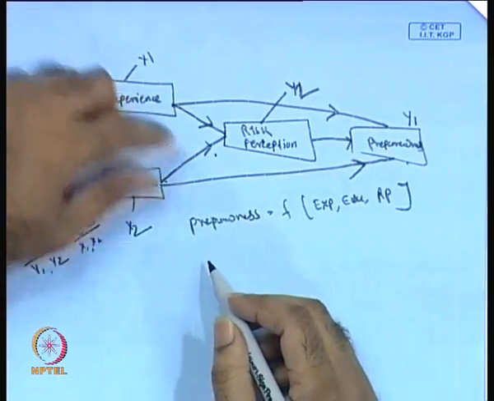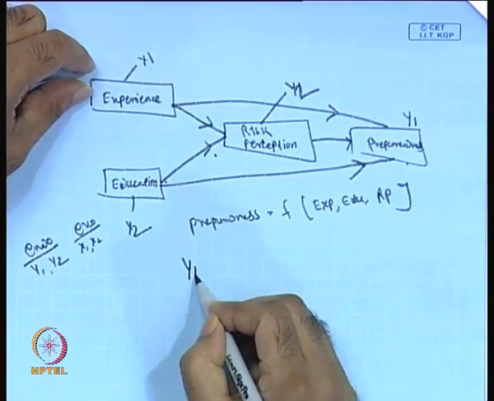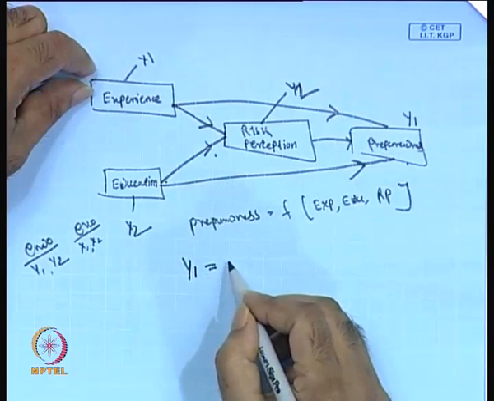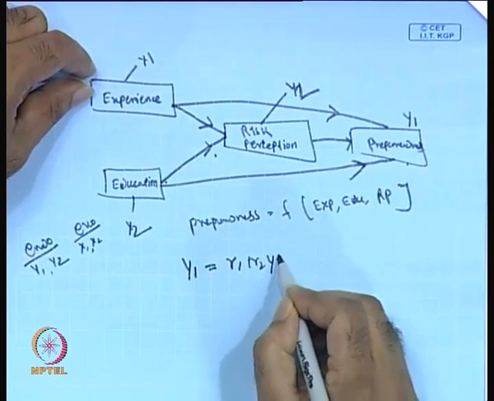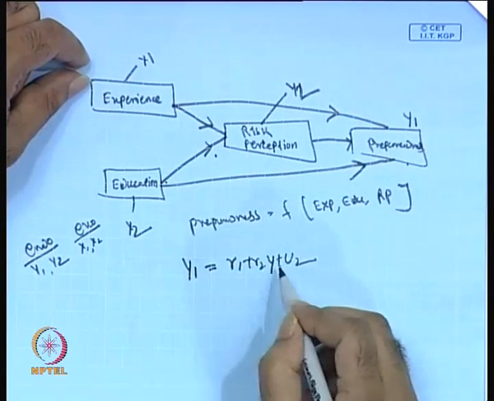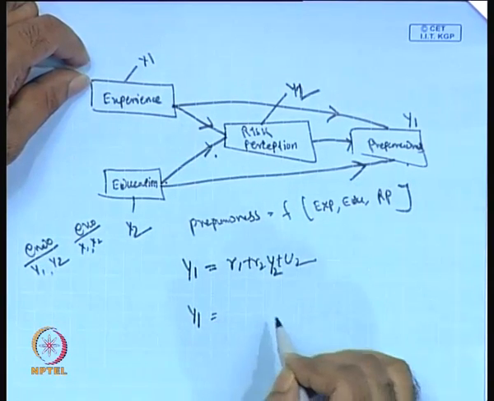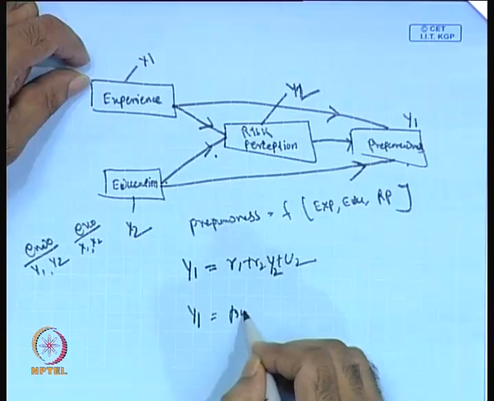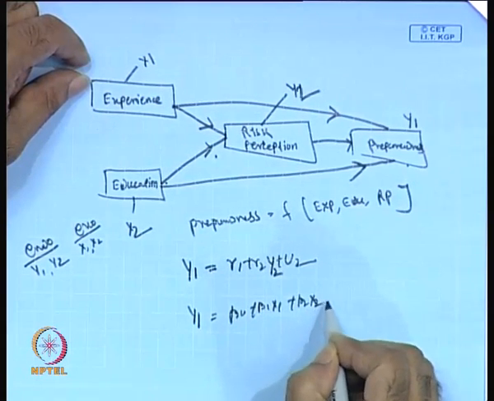Okay. Now for this particular problem, what I will do is go first to what we have already highlighted: y1 equal to gamma 1 plus gamma 2 y2 plus u2. But we have already highlighted y1 equal to beta 0 plus beta 1 x1 plus beta 2 x2 plus u.